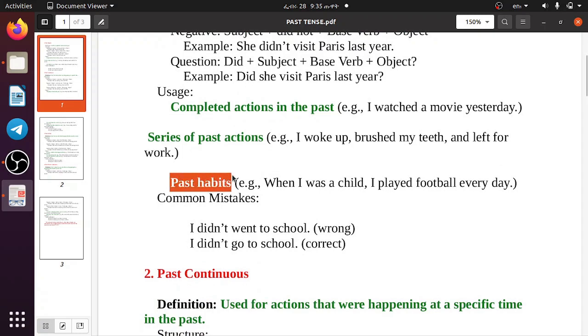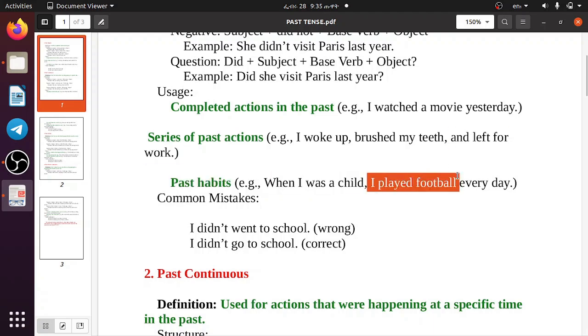The third one is past habit, the habitual action that happened in the past. For example, when I was a child, I played volleyball every day. Every day is simple tense. So this is past habit.